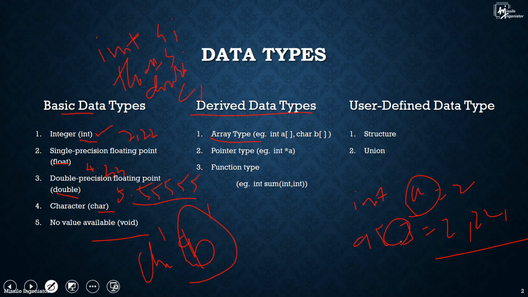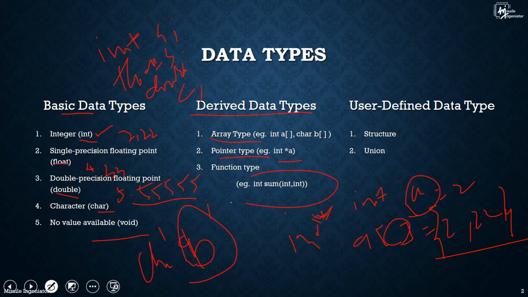So an array holds multiple values, and a pointer holds the address of another variable. You declare it by using an integer and then giving an asterisk in front. Using this asterisk declares a pointer.